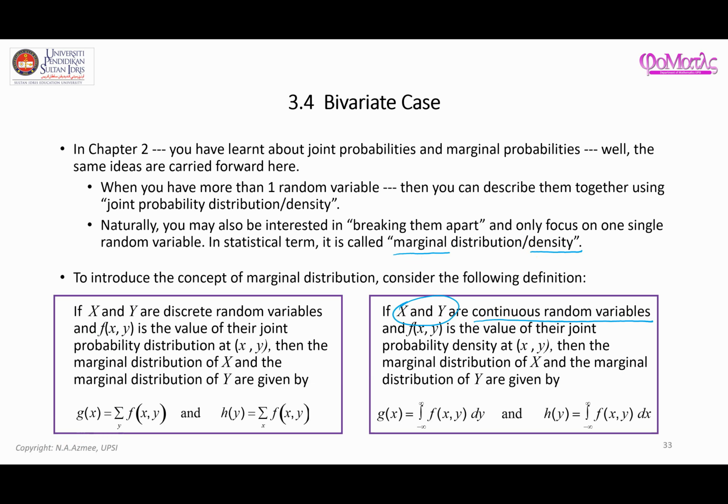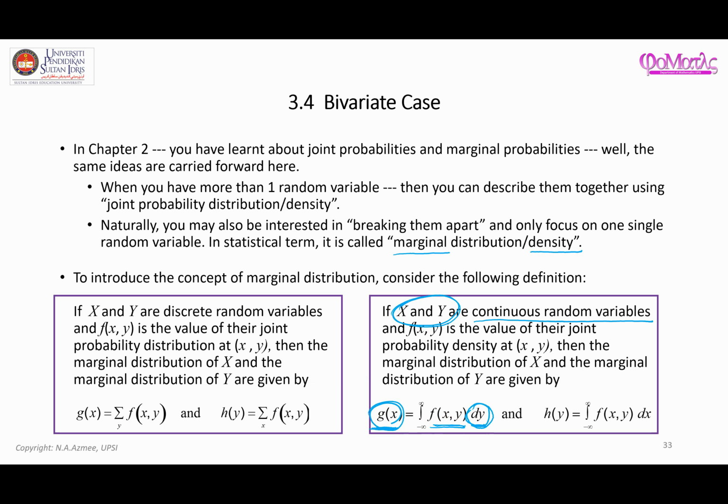When x and y are continuous random variables, you can break them apart by considering the process of integration. So you will integrate the joint density with respect to y if you want to find the marginal density for x. So if you want x, you will integrate with respect to y.